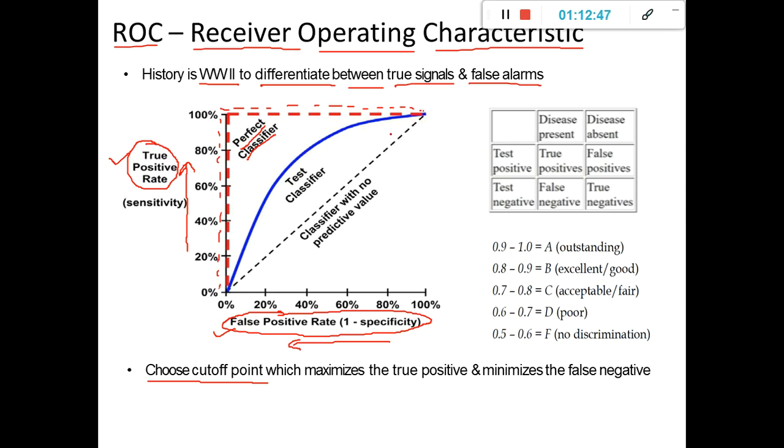This blue line is the test classifier, and this black dotted line is the classifier with no predictive value. So we should not get such a line. We should get lines like this. You can also get it like this. You can also get it like this.